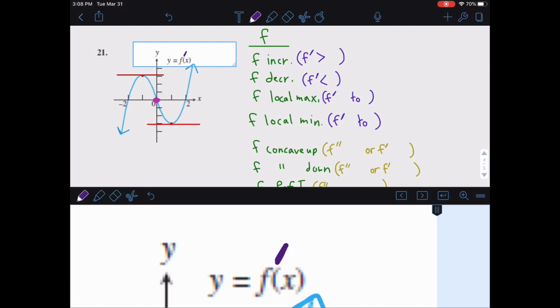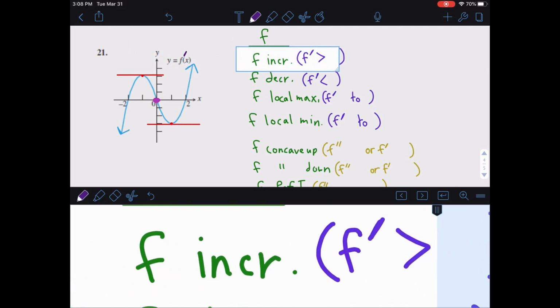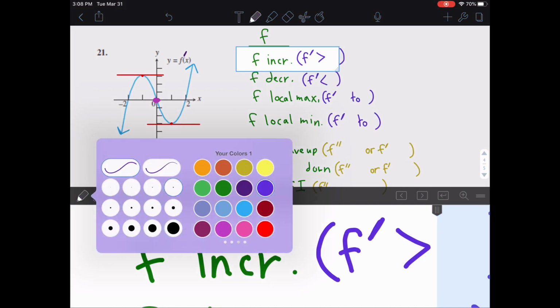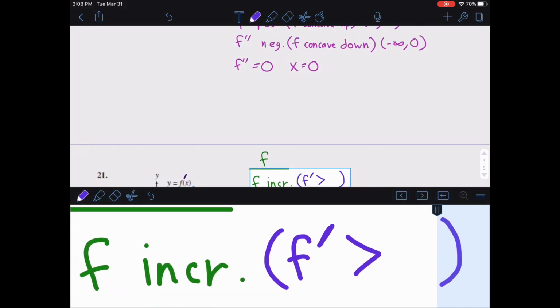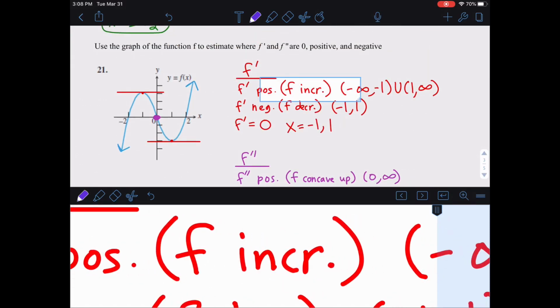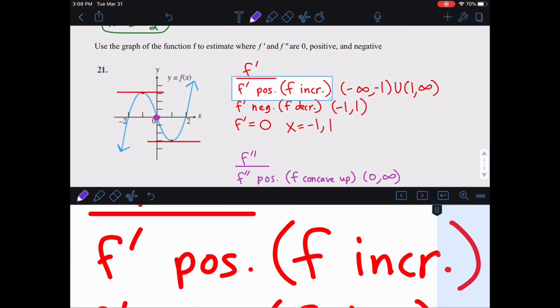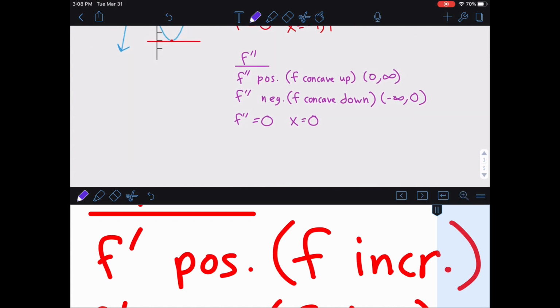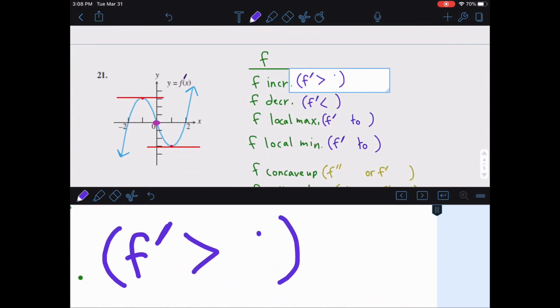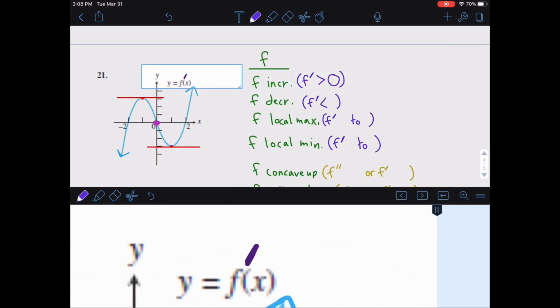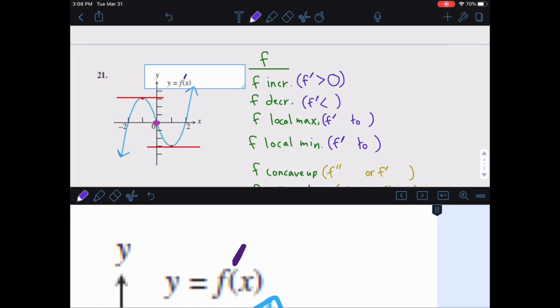Okay, so if I asked you, given that graph of f prime, where is f going to be increasing? Well, like we said above, f increases where f prime is positive. So I can look back at my graph now and I want to know, where is f prime greater than 0? So again, this is the graph of f prime. So be careful. You're not going to look at where this graph is increasing.